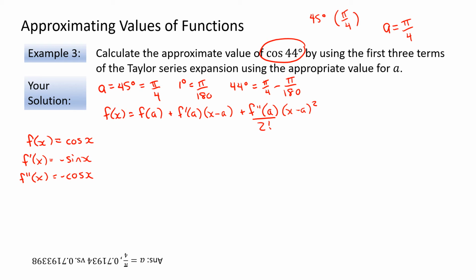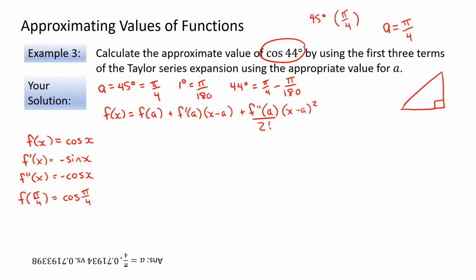So solving for each one of these, we have the first function, f at a, which is f at pi by 4, is equal to cosine of pi by 4. Remember, I always like to draw the triangle. So you can go back to our formula sheet and see the values in the previous slide, or you can just try and draw the triangle.